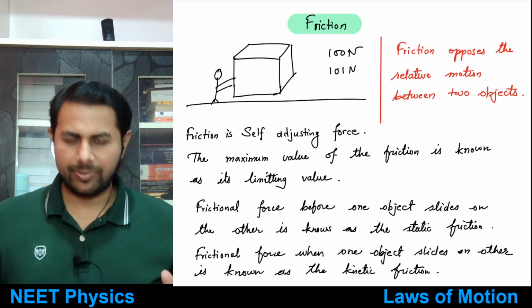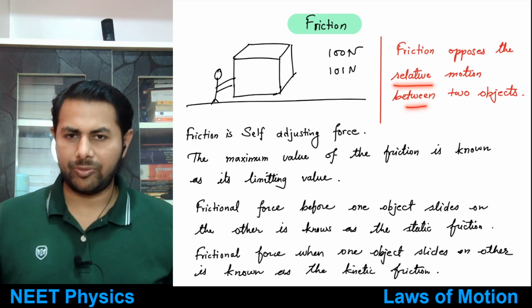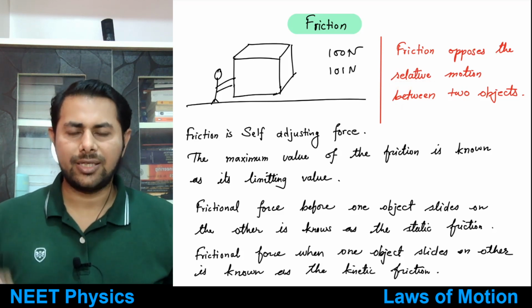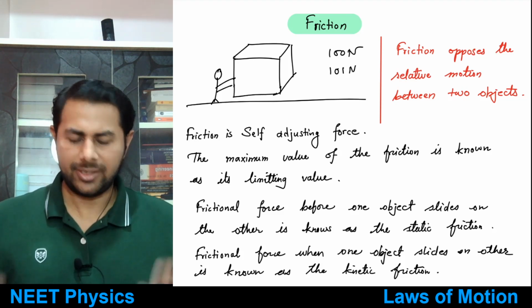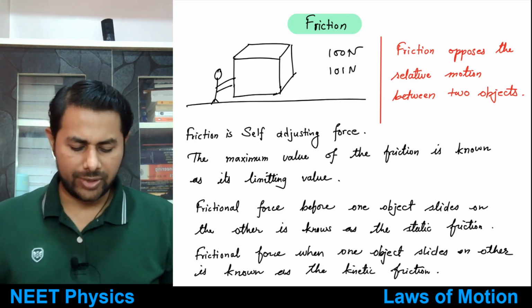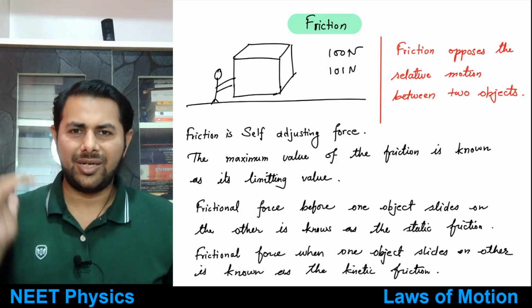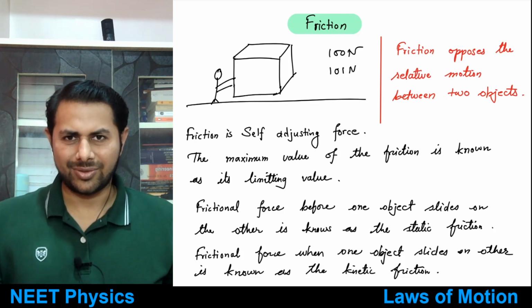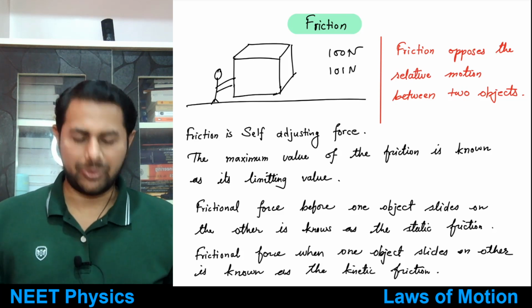Okay, so what is friction? Friction is a force which opposes relative motion between two objects, and it is a self-adjusting force. It adjusts itself according to the externally applied force, but there is a limit up to which it can grow. There is a maximum limit to the frictional force.